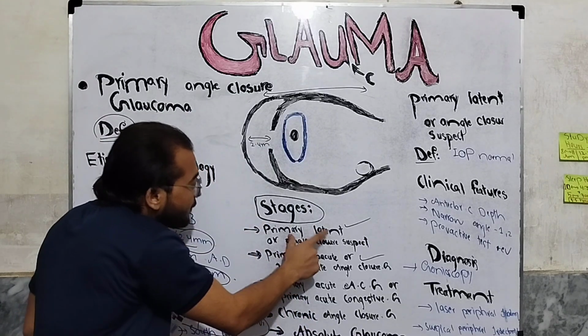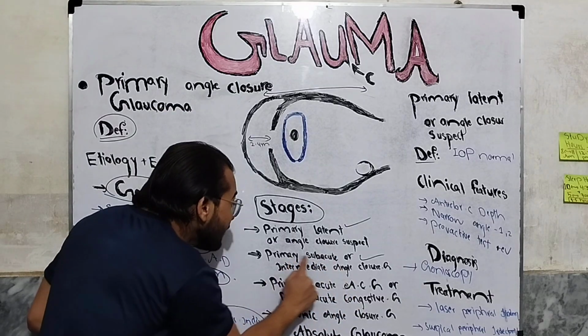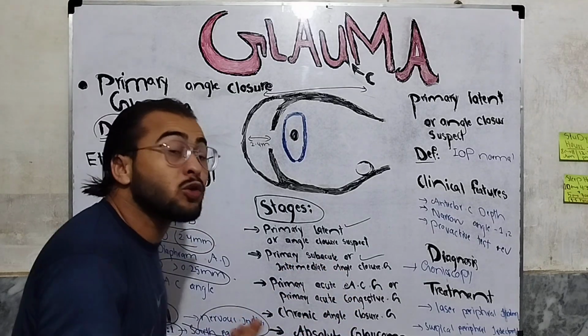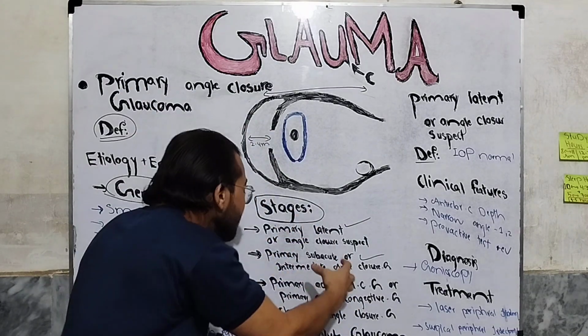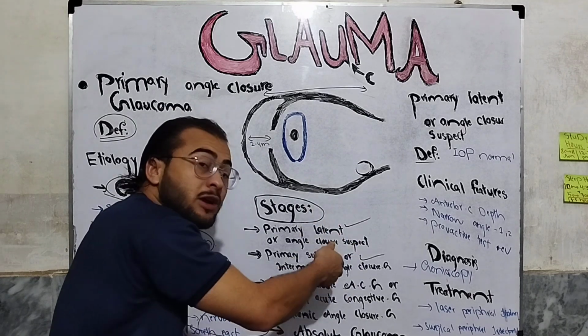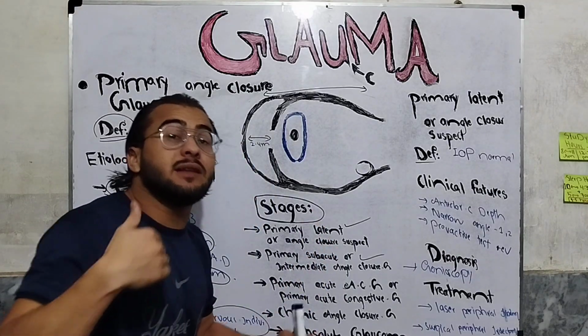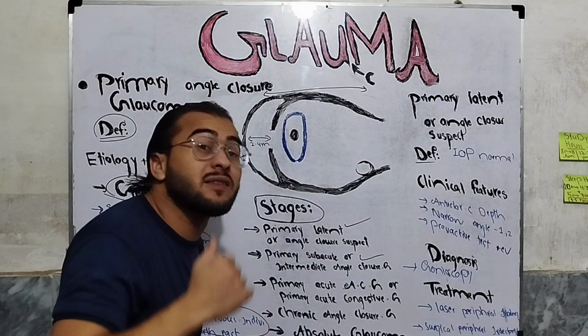For example, the primary latent stage can directly go into the primary acute stage, and the primary subacute stage can directly go into chronic angle closure glaucoma. Stage 1 is less complicated, stage 2 will be more complicated. So these stages show that the angle closure glaucoma has become complicated.